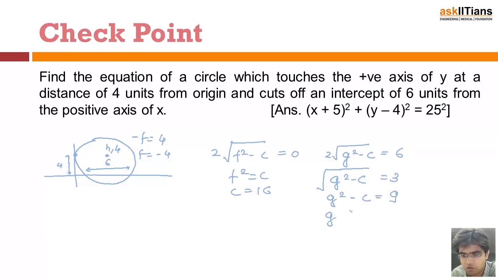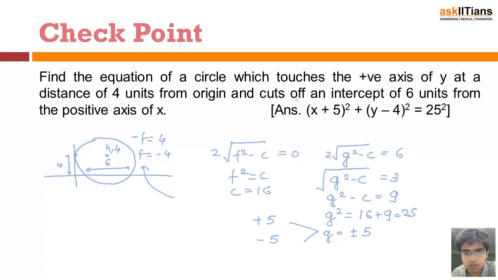If we put the value of c, then g square becomes 16 plus 9, that is 25, or g becomes plus minus 5. Now there are two values of g. One is plus 5, other is minus 5. We have already located our circle in the first quadrant. So it cannot come in the second quadrant, because if g is minus 5, then minus 5, 4 will move into second quadrant.